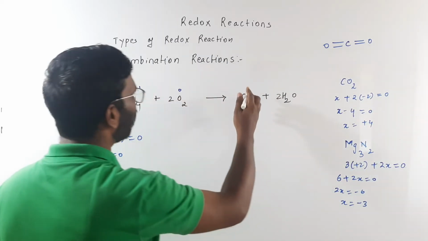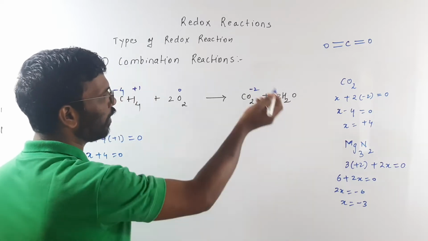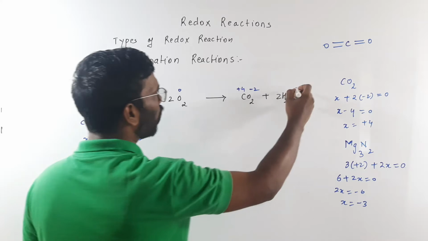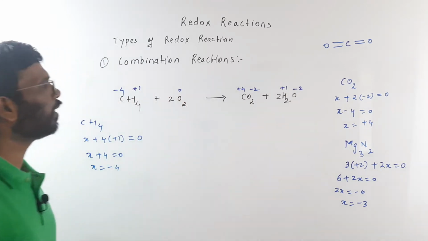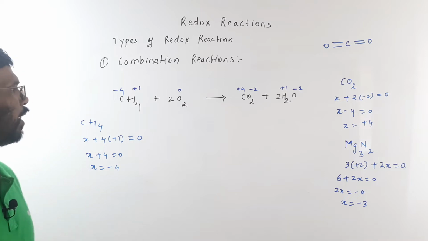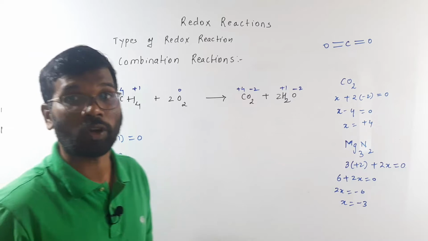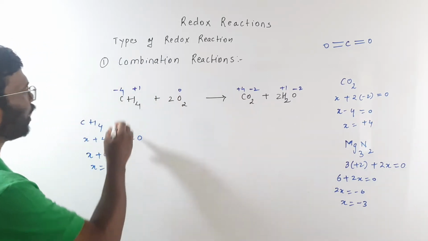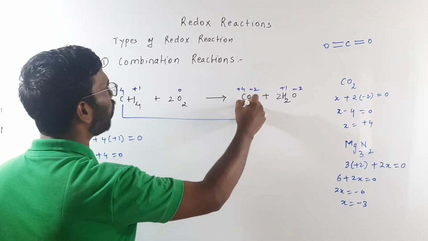So next is carbon. Over here oxygen, we know that it is not forming a peroxide. Here also I have shown that carbon is in the +4 oxidation state. In this case oxygen is -2, and hydrogen will be +1. Now we have to find what is getting oxidized and what is getting reduced. There is no change in the oxidation state of hydrogen. Hydrogen is the same, +1 only. But there is a change in the oxidation state of carbon from -4 to +4.